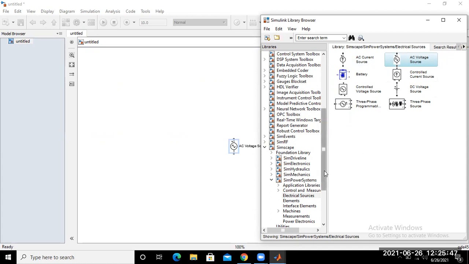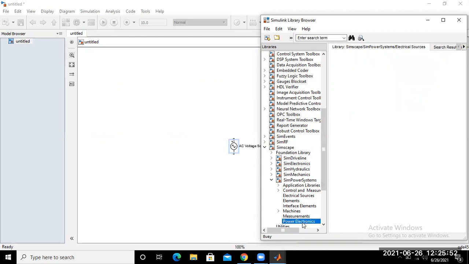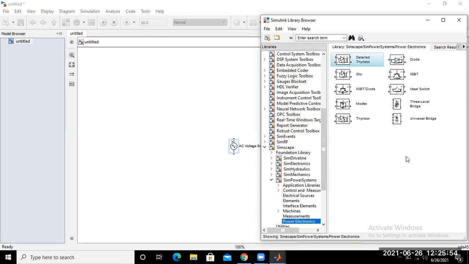Next, what do we require? Power electronics switches. This one has the thyristor, GTO, IGBT, and various types. Here we select the thyristor.